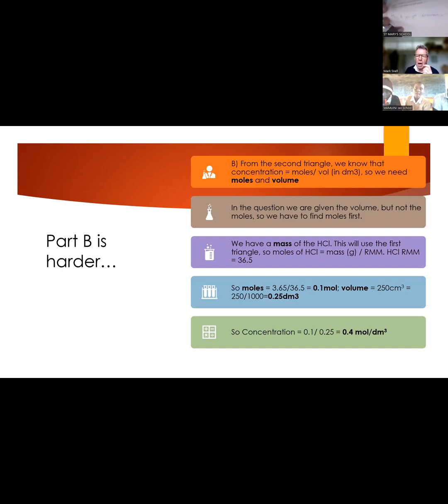That's grams over RMM. That's 3.65 over 36.5, which is 0.1. The volume is 250. Divide the 250 by 1,000. So we've got the concentration is 0.1 moles over 0.25, and that is 0.4.